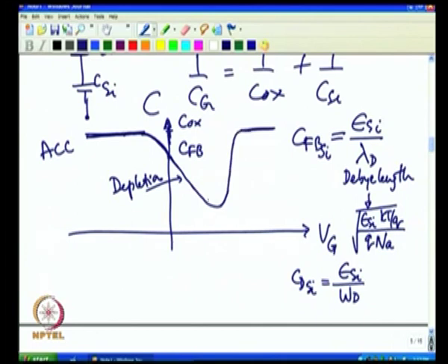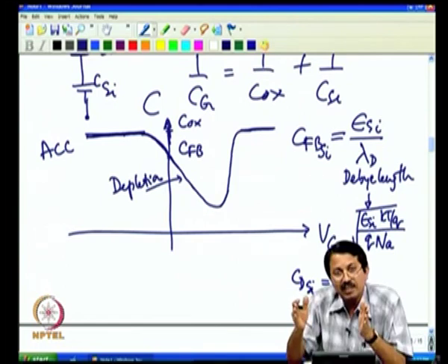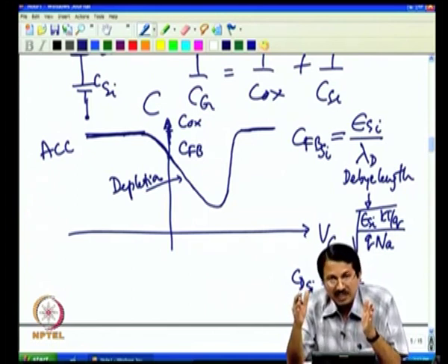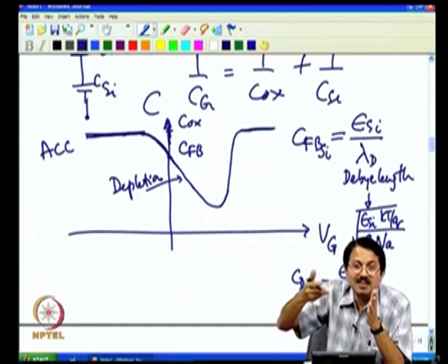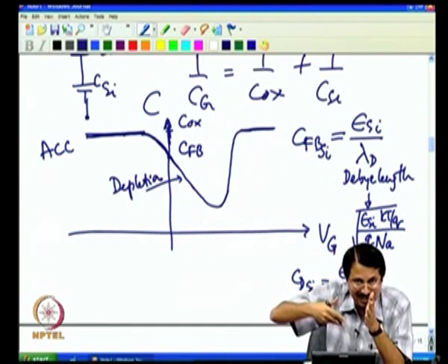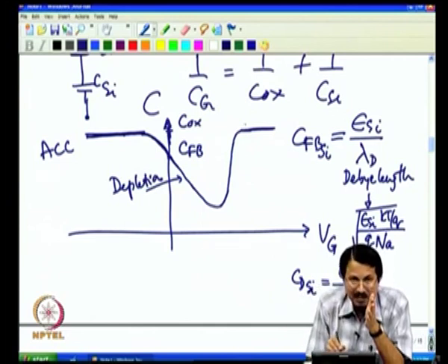What this is telling you is that I have started in depletion, and the depletion capacitance continues to decrease as you continue to have increased depletion width, but eventually the depletion width gets pinned when I reach inversion, and then the inversion capacitance is little more than the depletion capacitance, and that is why this starts going up.